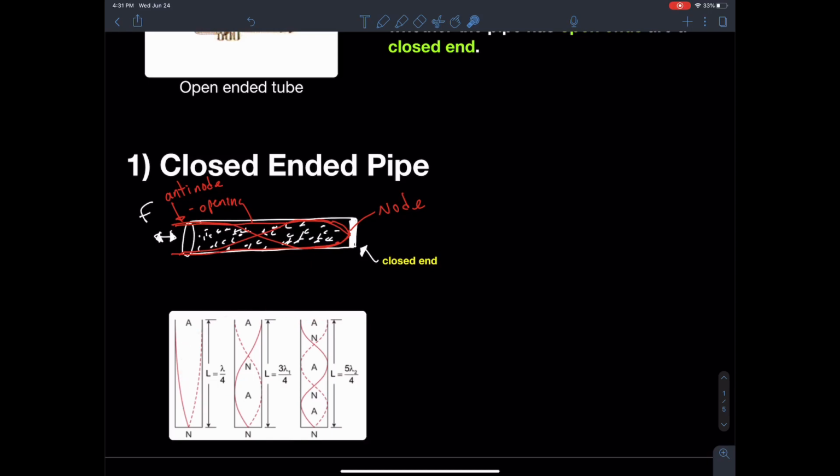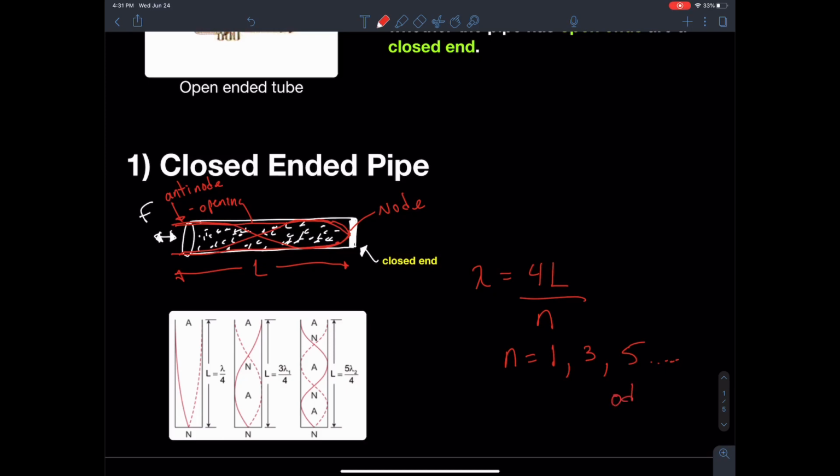So if I wanted to come up with a formula for the wavelength of a standing wave in a closed-ended tube, the wavelength is going to be equal to 4 times the length of that tube, that's my length L, divided by n. And if we take a look at what n is going to be equal to, 1, 3, 5, and so on.